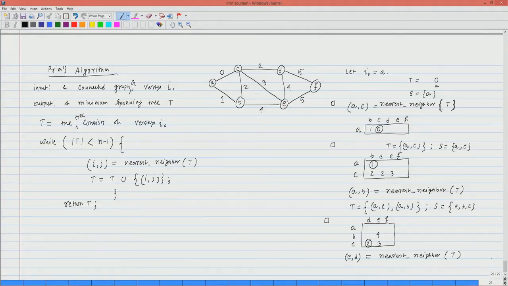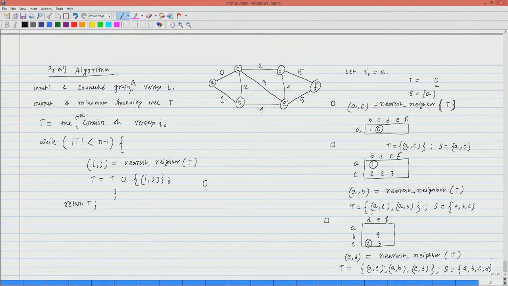Well, so one more iteration. So, now you update your T. So, the tree T consists of three edges now, that one is AC, AB and CD, and of course, your S is then A, B, C, D, right.